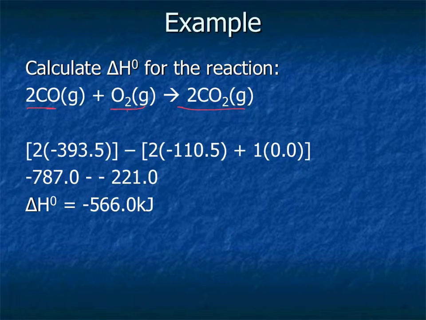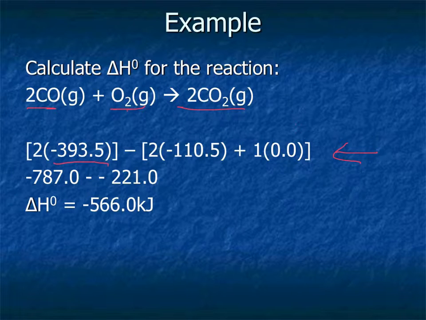Okay, so now we want to put these into the proper spaces in our equation, and we've done that here on this line. So here's our CO2, and if you remember from the chart before, CO2's energy value was minus 393.5, so that's the products.